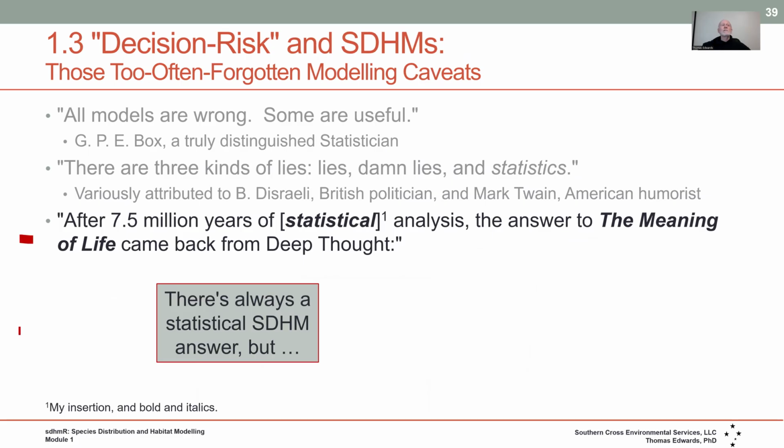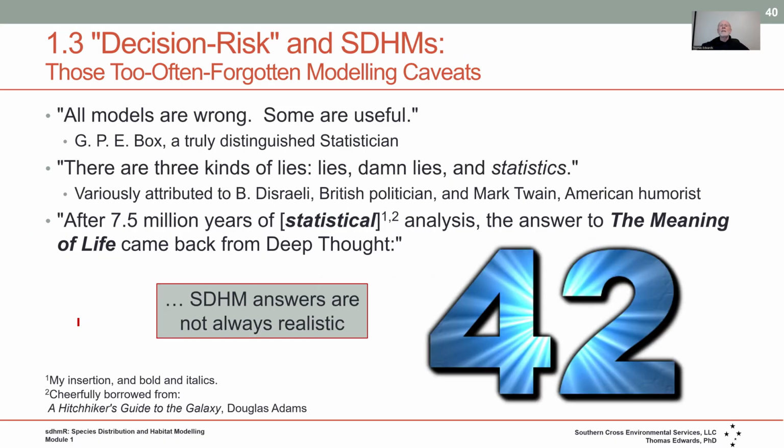My favorite is, of course, after 7.5 million years of statistical analysis, the answer to the meaning of life came back from Deep Thought. There's always a statistical SDM answer, but sometimes it might be 42 and it might not be realistic.